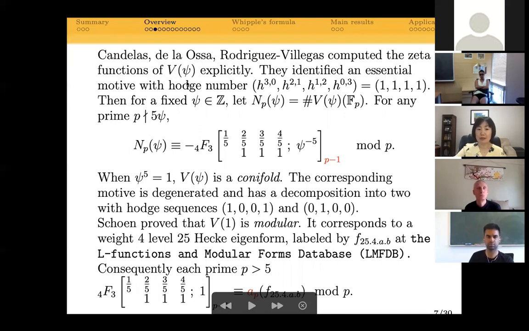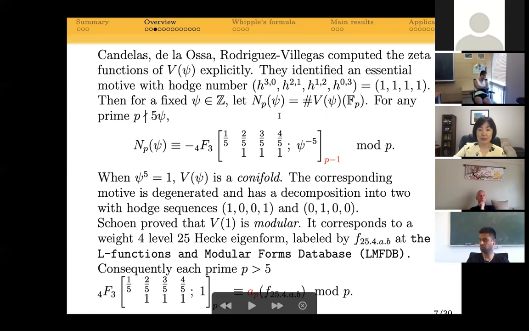In the process of computation, the zeta function will have numerators and denominators coming from different cohomology groups. They identified an essential motif, which lives in the 3rd cohomology group with Hodge numbers h30 being 1, h21 being 1, etc. So this is a 4-dimensional motif, giving rise to a degree 4 factor in the numerator.